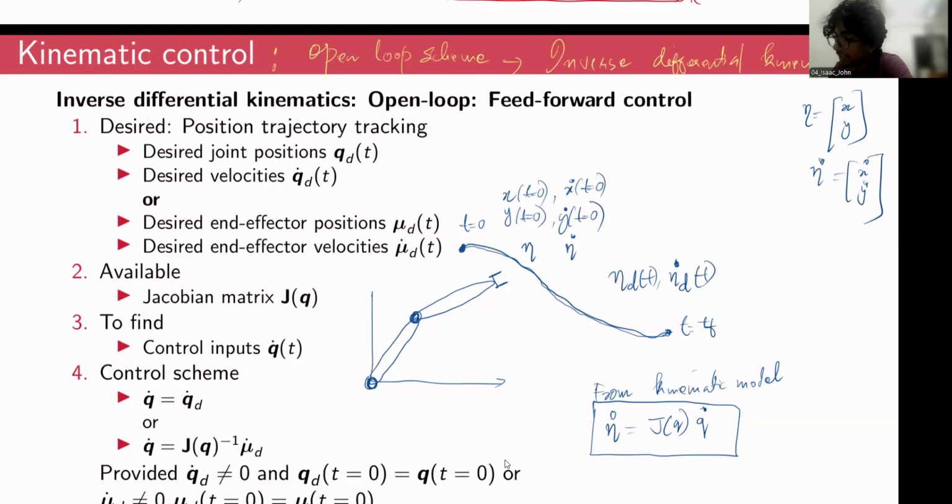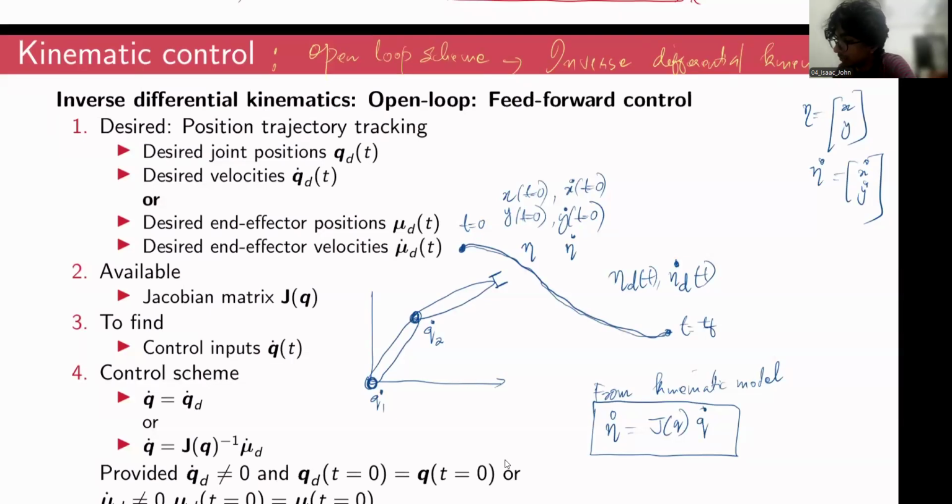So if the desired trajectory is specified in terms of eta desired dot, the control input that we would be supplying into the motors are the velocities of this joint, maybe q1 dot and q2 dot.